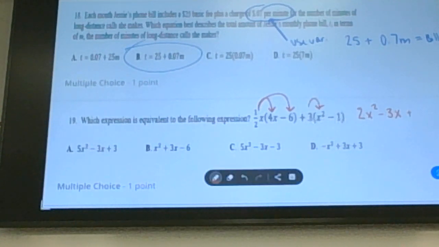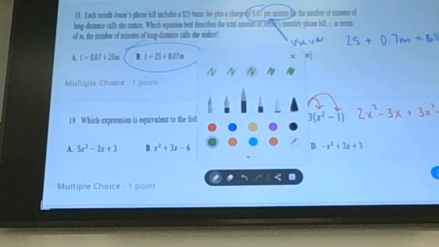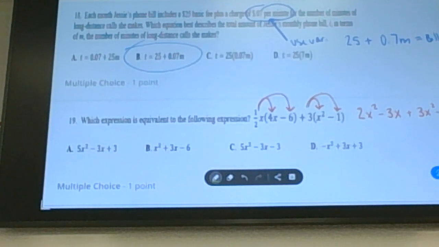We got 3x squared minus 3. Combine like terms. 2x squared added to 3x squared is 5x squared. The 3x can't be combined with anything, and the minus 3 is at the end, so that's letter C.